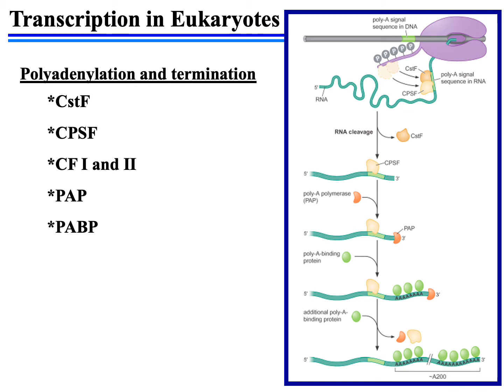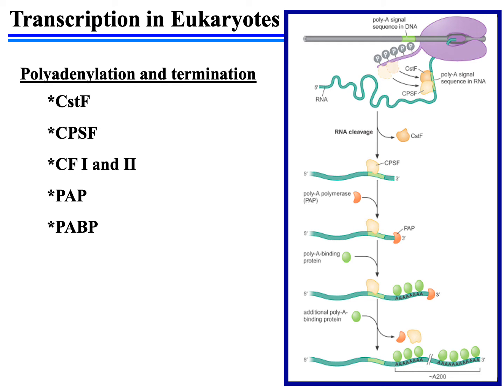The first thing I want to mention are two sequence elements that occur at the end of the gene and then also obviously occur in the transcript when transcription occurs. One sequence element is known as the polyadenylation signal, and the second sequence element is upstream of this polyadenylation site and is just a GU-rich region.